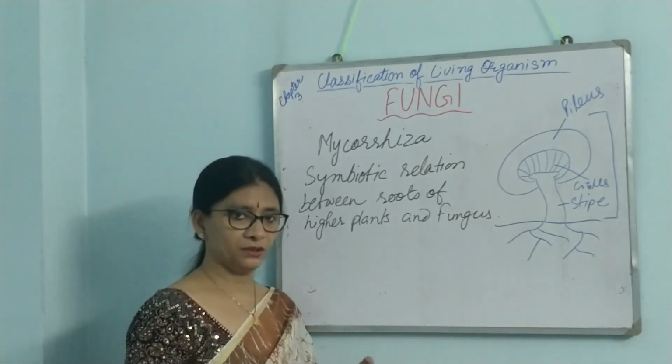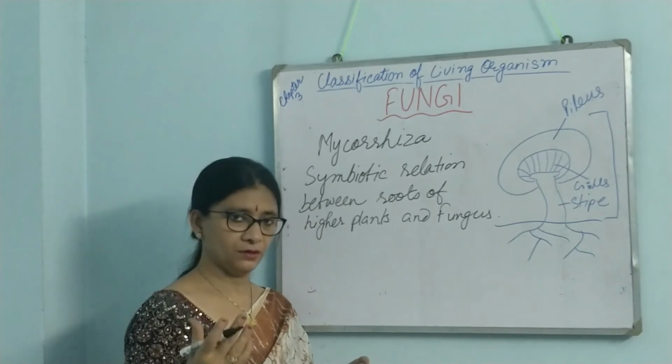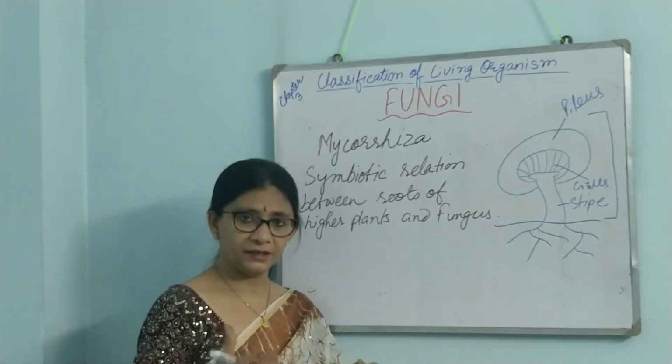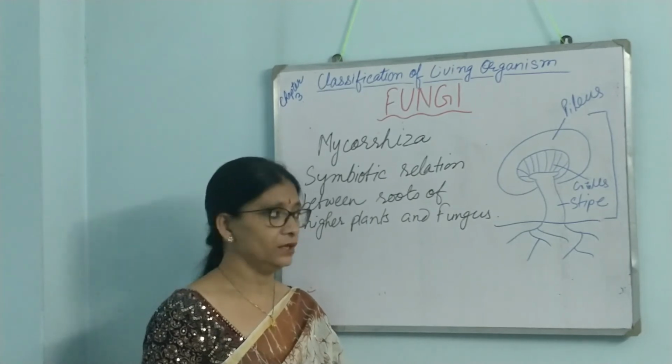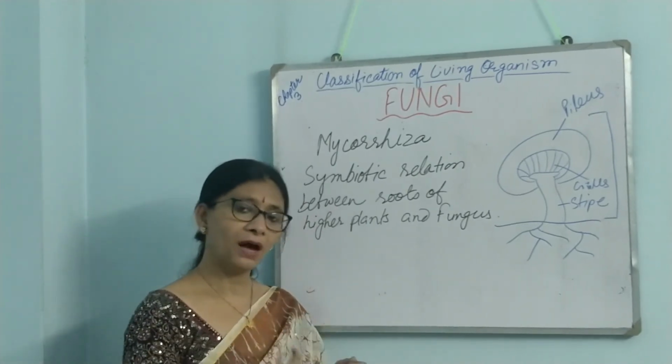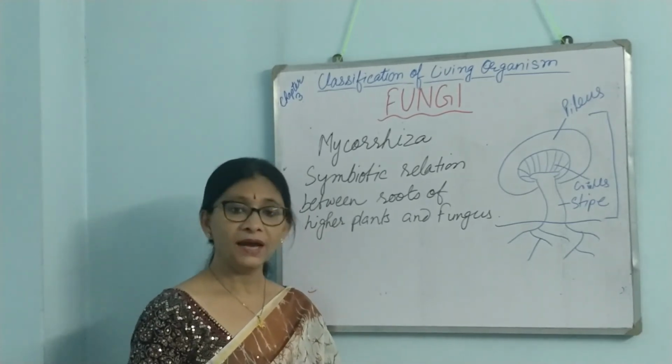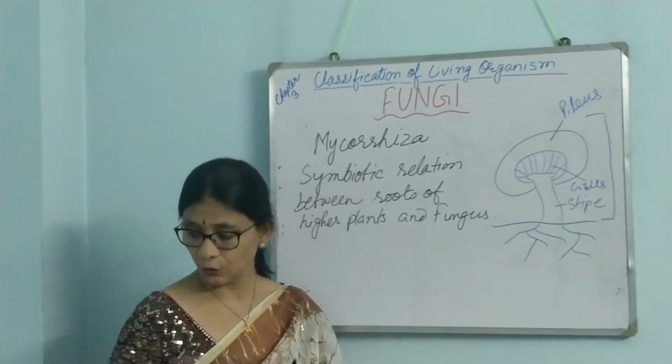So they help each other. It's a symbiotic relation, meaning the fungus helps the plant. How? By increasing the surface area of absorption of water and minerals. And the plant in return helps the fungus by giving it accommodation and protection. So this is how they help each other.